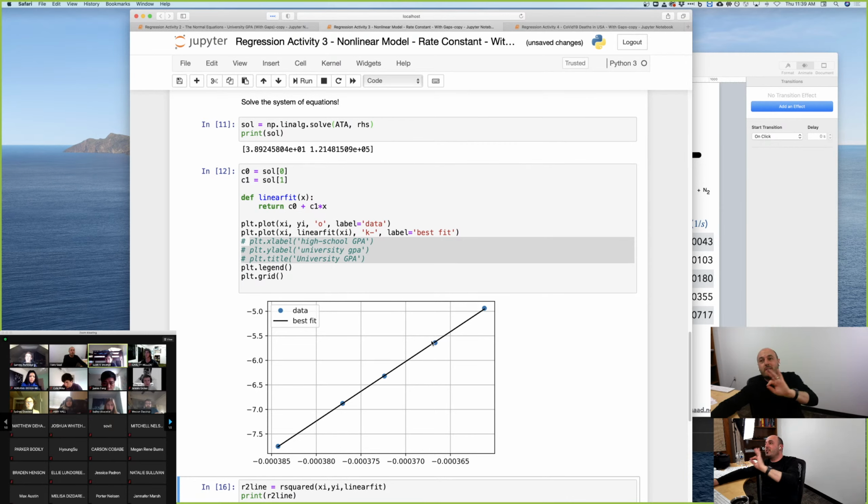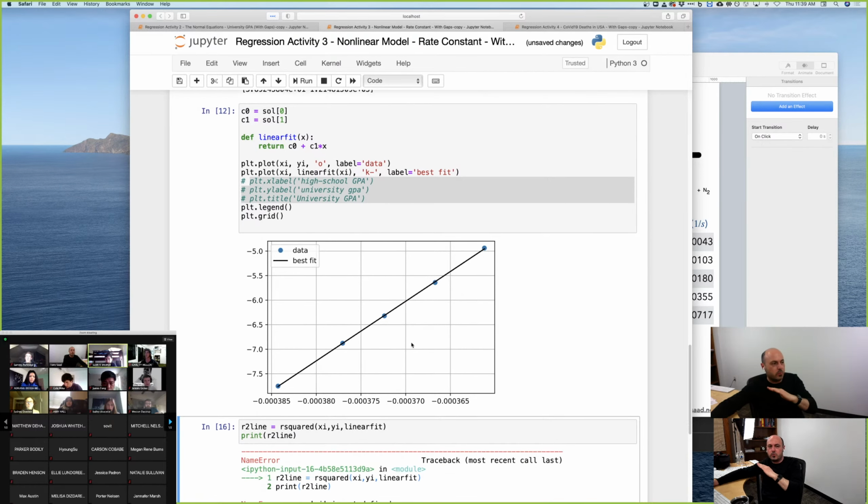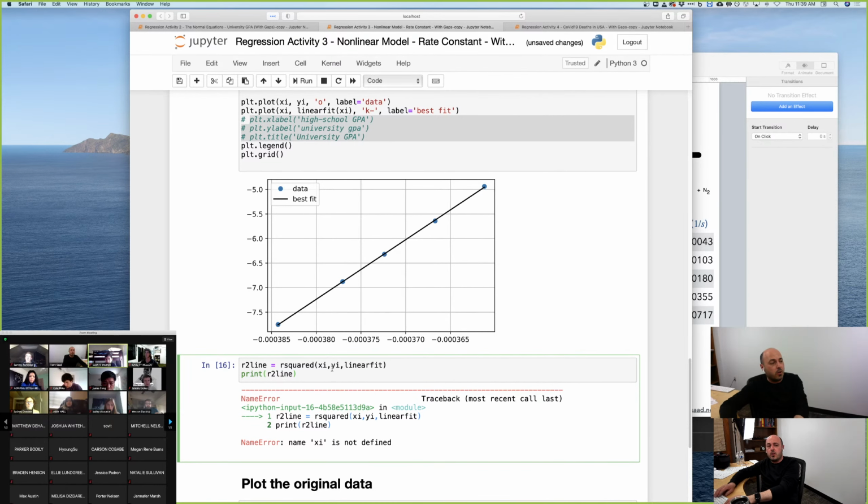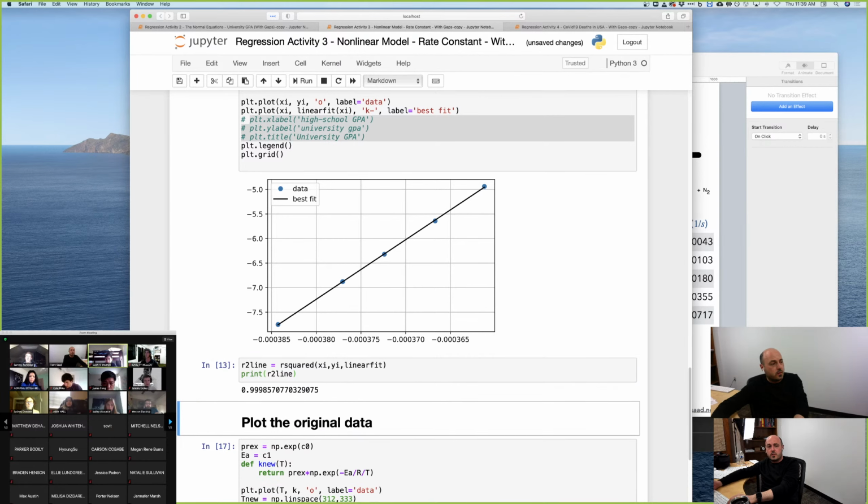It's not going to go through each and every point because that's not interpolation. This is regression. So it kind of sits in between. There's some variation between the points. And we can calculate the R squared value. It's 99.9%. It's like almost doctored. Any R squared value that looks like that, you have to be a little bit suspicious of it.